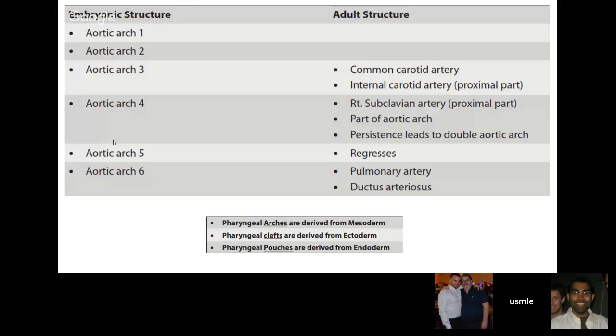So keep in mind, you know that by now. The pharyngeal arch comes from mesoderm. This as well is a common question. The pharyngeal cleft comes from ectoderm, and the pharyngeal pouches come from the endoderm. Okay: mesoderm, pharyngeal arch; ectoderm, pharyngeal cleft; and endoderm, pharyngeal pouch.